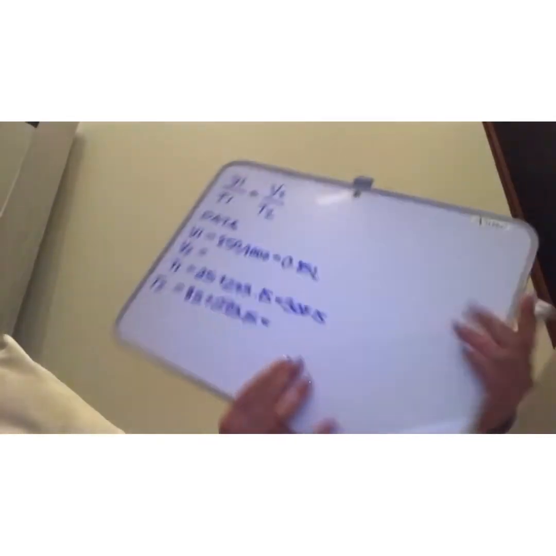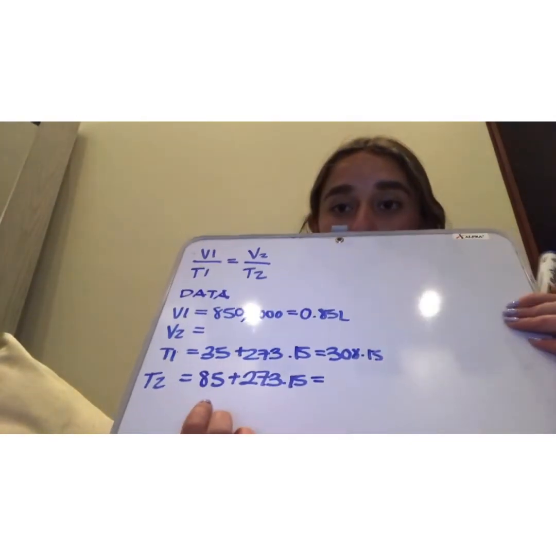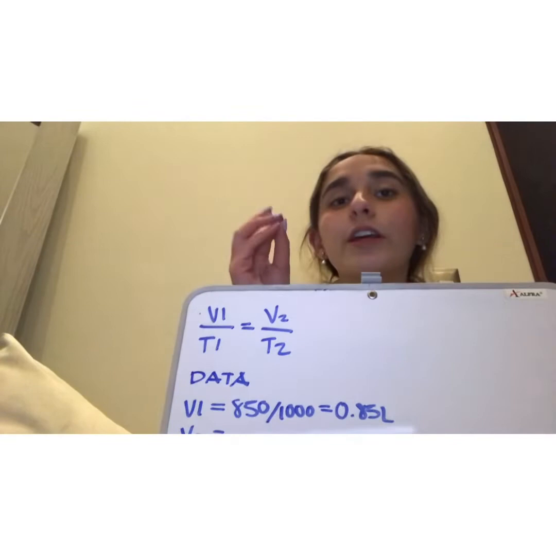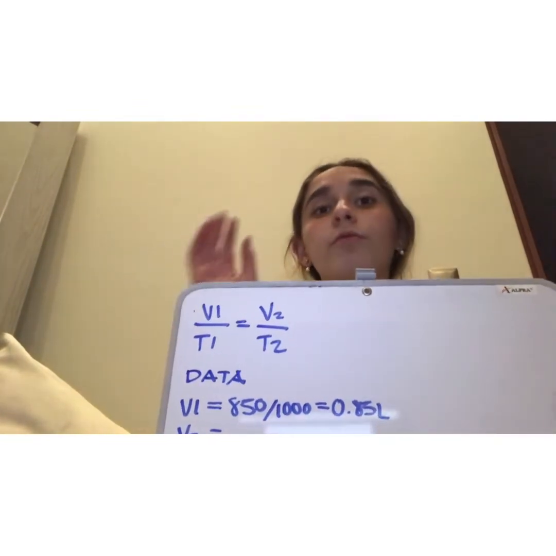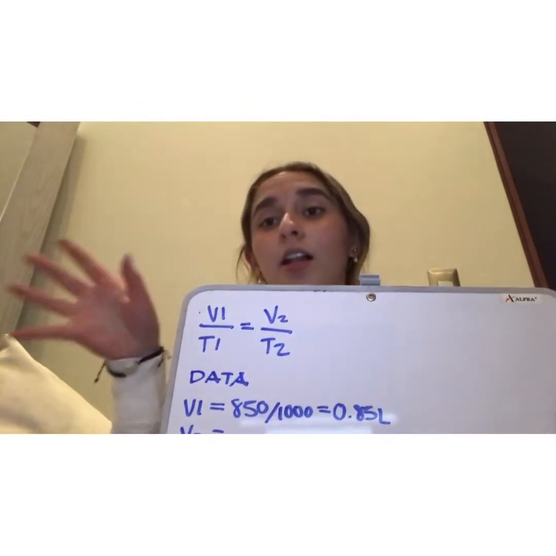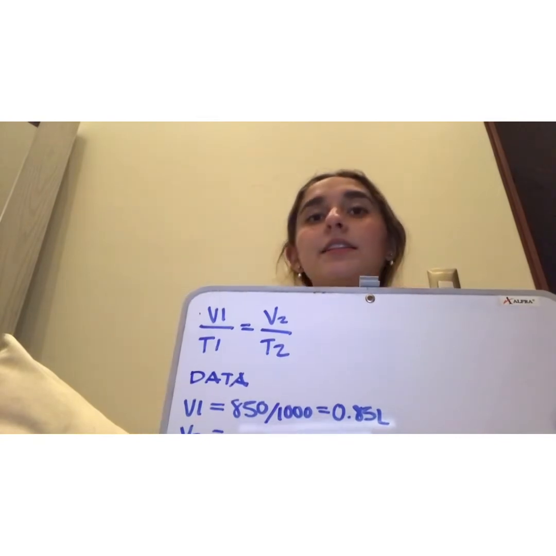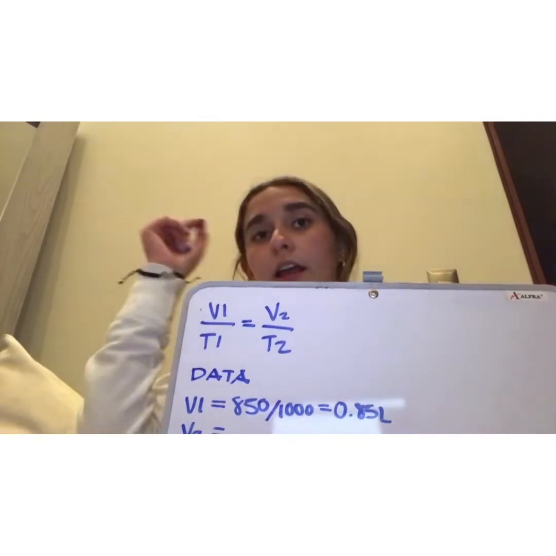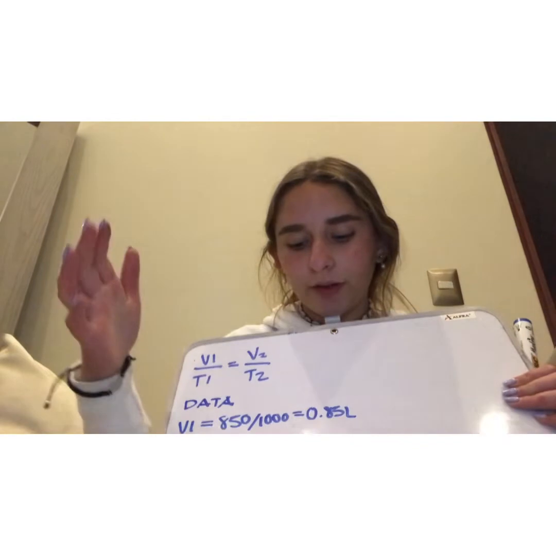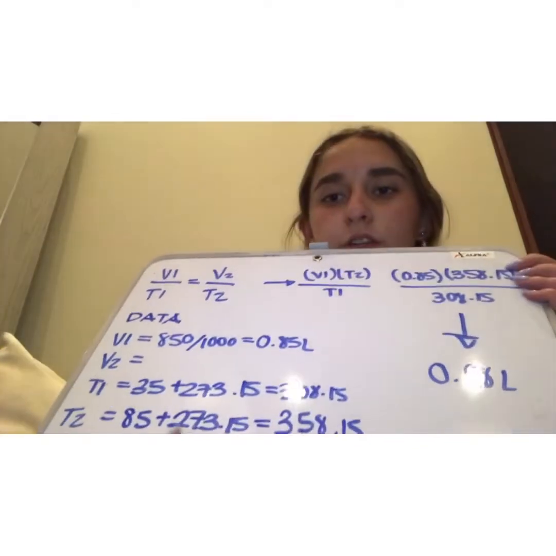Okay, so we are going to put 85 more 273.15 like this, because remember the clue here is "by". Okay, 50 is not the final temperature, it's 35 more 50, that is 85.